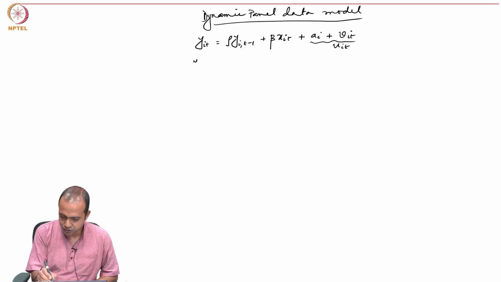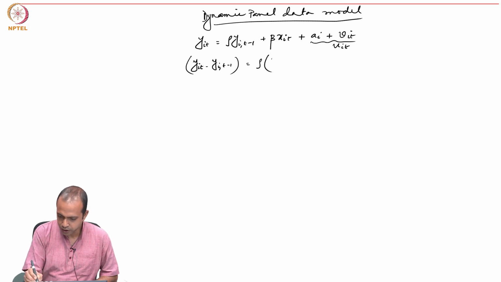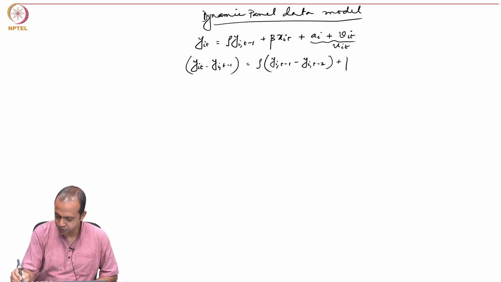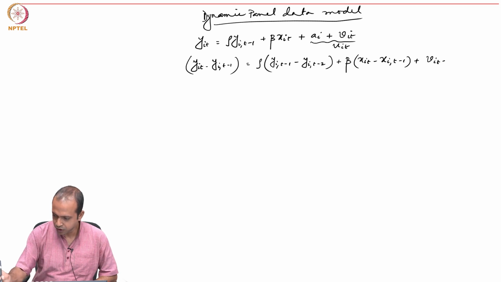Then we took the first difference: y_it minus y_i,t-1 equals rho times (y_i,t-1 minus y_i,t-2) plus beta times (x_it minus x_i,t-1) plus v_it minus v_i,t-1.